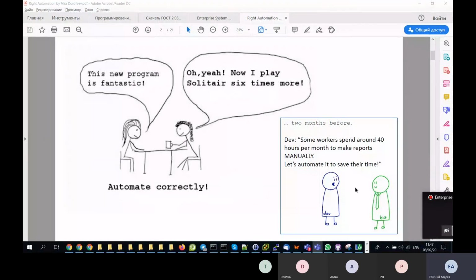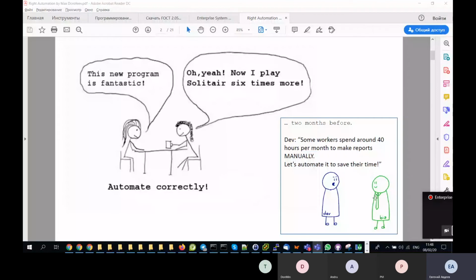We have a situation when the business process manager talks with the implementation automation manager, and the automation manager asks the business: I found a situation when some people spend 40 hours per month and make some reports manually. So if we make a solution to automate it, we will save some expenses.